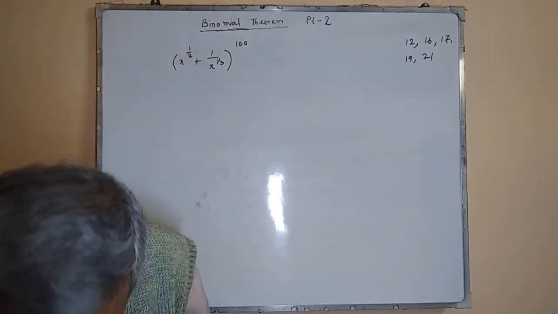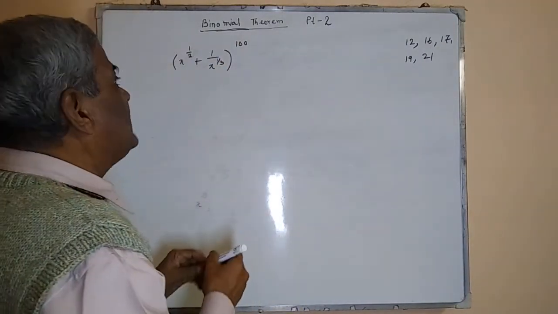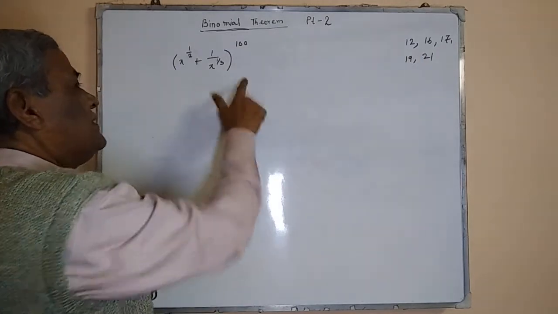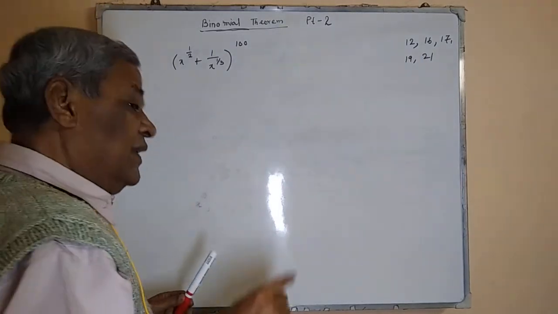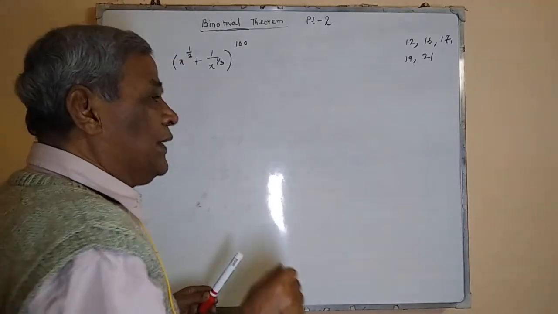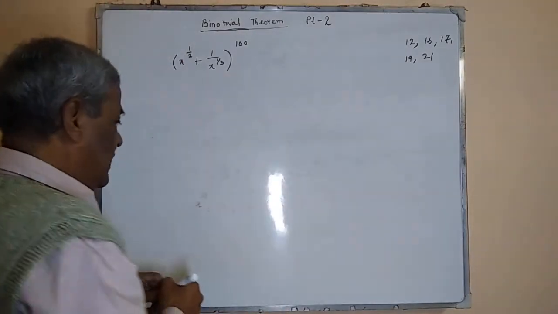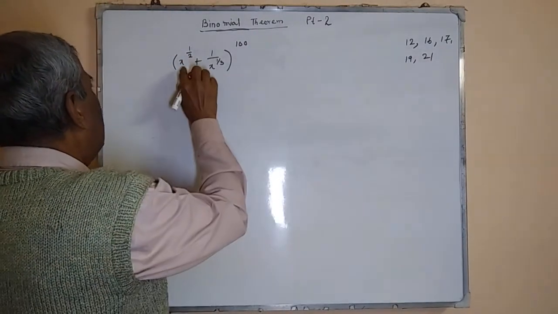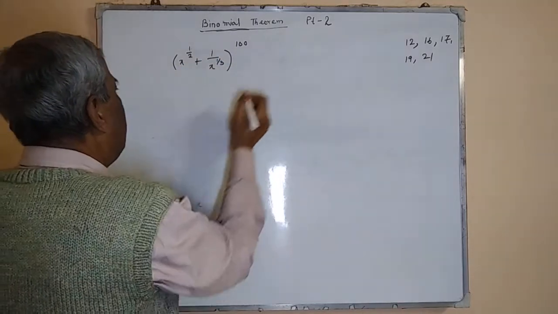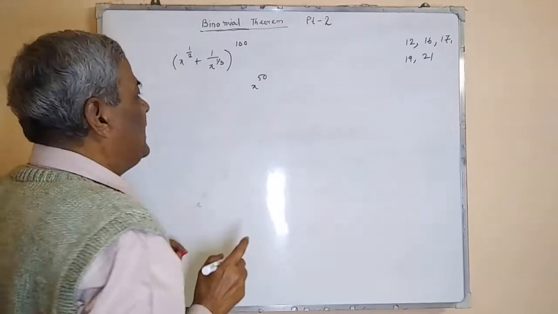The question is that this is a binomial, the index is 100, so it has 101 terms. In those 101 terms, how many contain integral power of x? You see, the first one is x^(1/2) to the power 100, so x^50. It is integral.